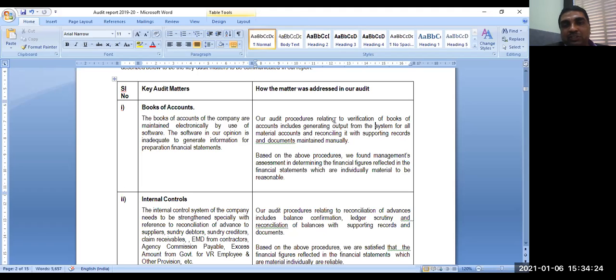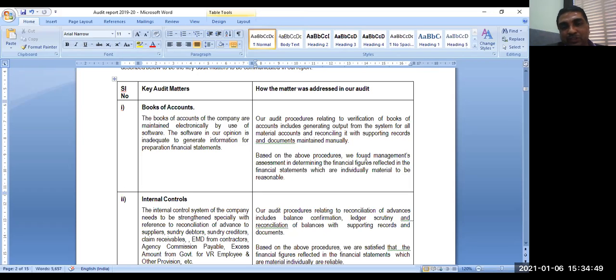Our audit procedures relating to verification of books of account include generating output from the system for all material accounts and reconciling it with supporting records and documents maintained manually. That means in addition to these system-generated accounts, the auditor has also tested manual records.